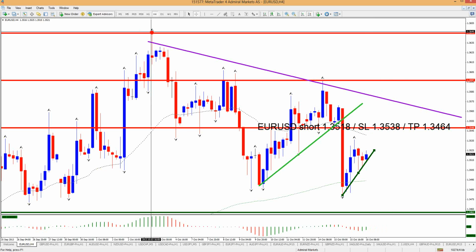Fractals are just an easy method of identifying tops and bottoms, basically, or resistance and support levels, right? It's just 2 candles to the left and 2 candles to the right. No, wait, the middle candle is the lowest or highest of the 2 candles to the left and 2 candles to the right.